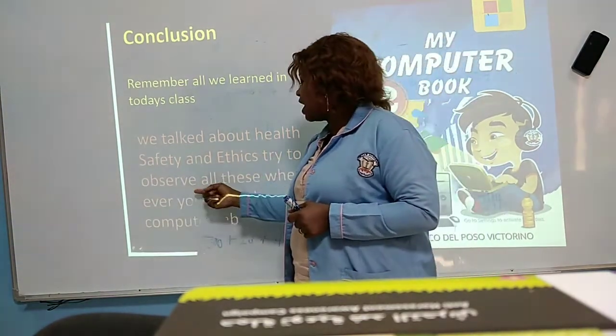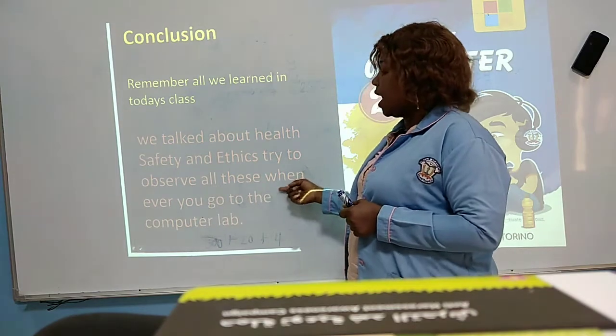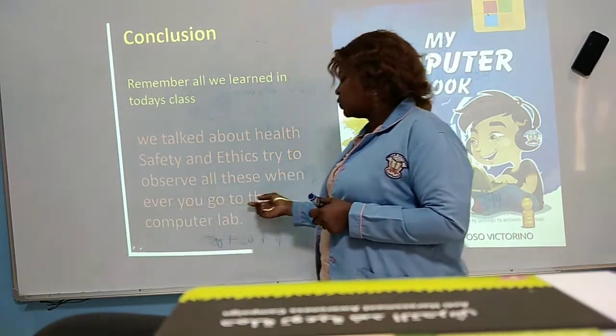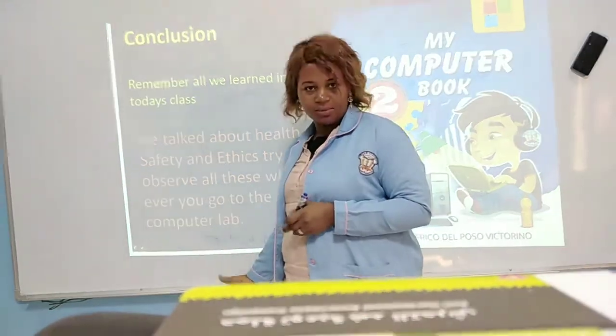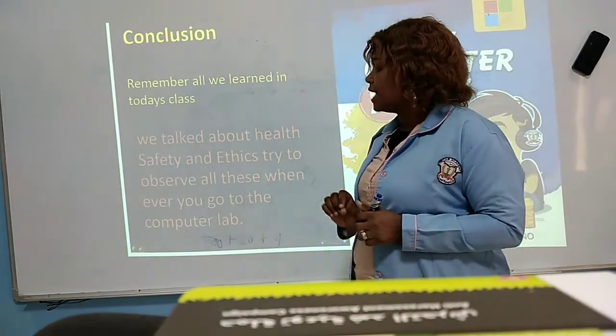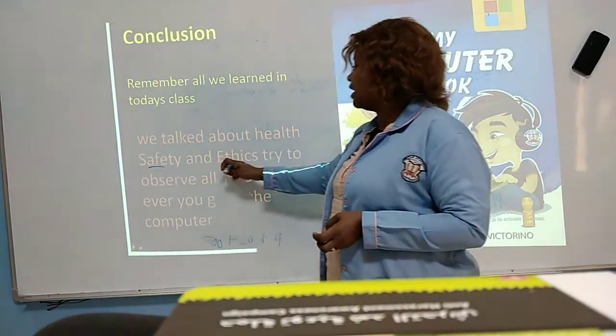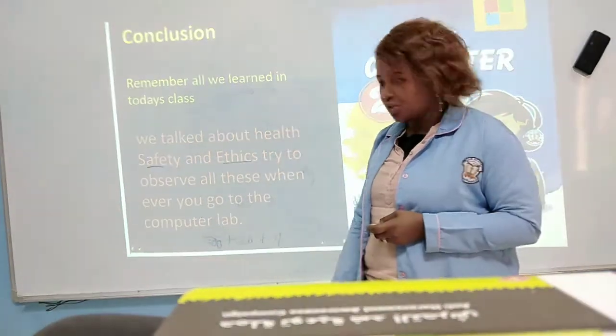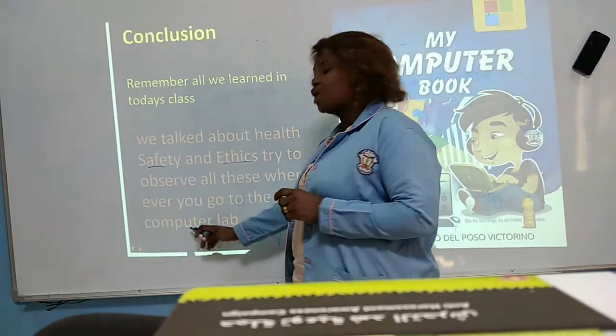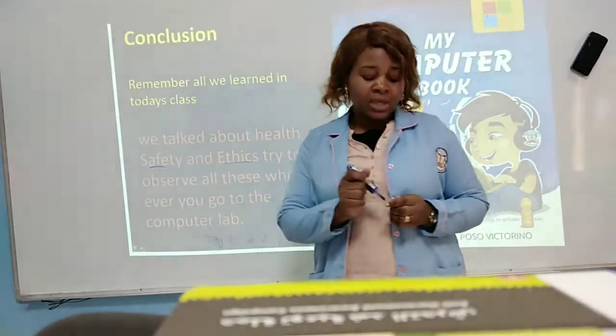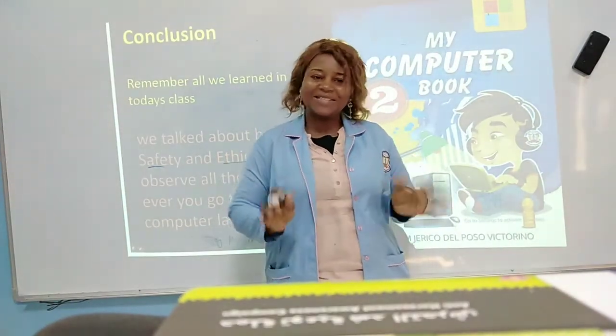Try to observe all this whenever you go to the computer lab. Try to observe health, safety and the laboratory rules while you work on your computer. Okay? This is where we'll be hanging it on today's lesson.